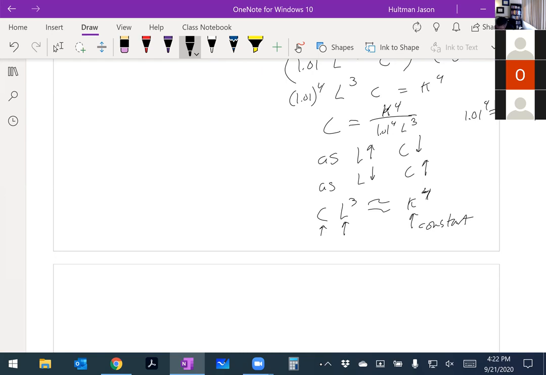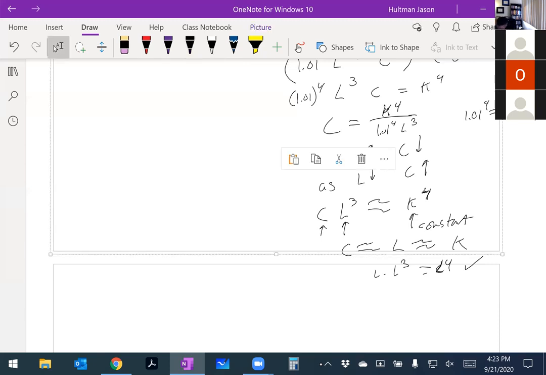But this relationship holds when C is approximately equal to L, which is approximately equal to K. So when all these are approximately equal, then this relationship holds. C is approximately equal to L, because if you were to replace L here with K and C, you would get L times L cubed is equal to L to the 4th, which checks, right? We're just saying in a general sense that this relationship holds because of the nature of the function.